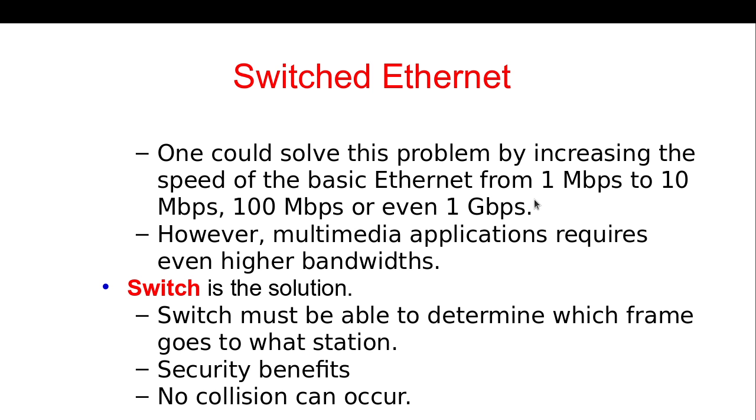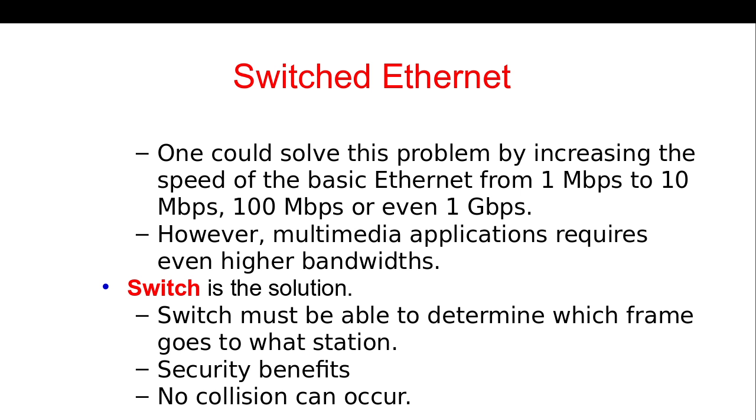Now the problem of the hub could have been solved by increasing the speed from 1 Mbps to 10 Mbps, 100 Mbps, or even 1 Gbps. But whatever speed was increased, there were applications like multimedia applications that were also requiring higher bandwidths. So just increasing the bandwidth was not the solution.